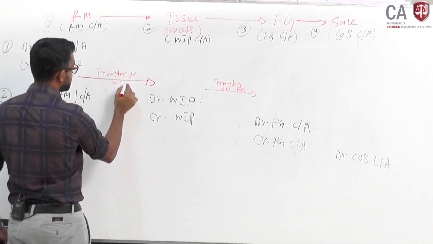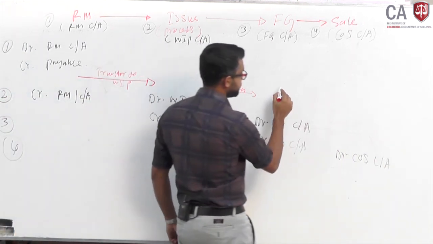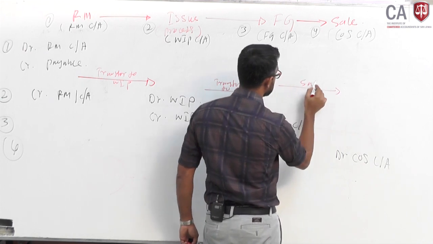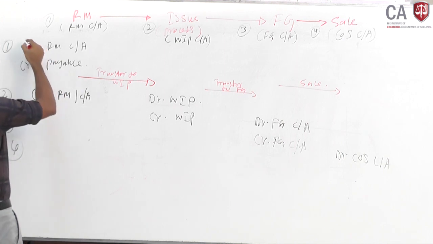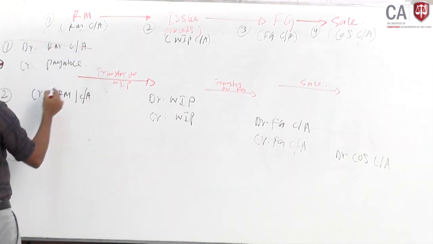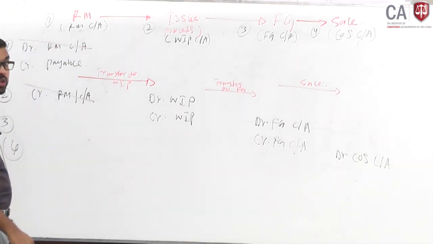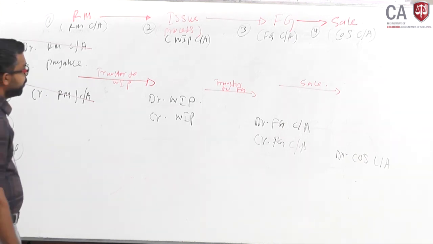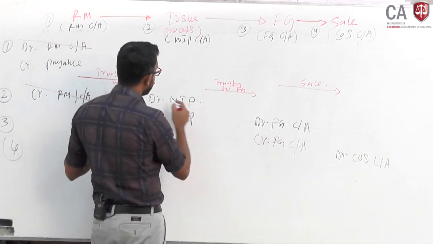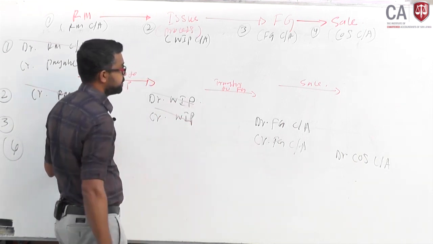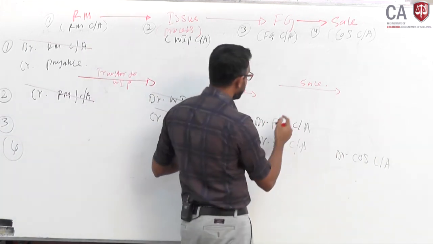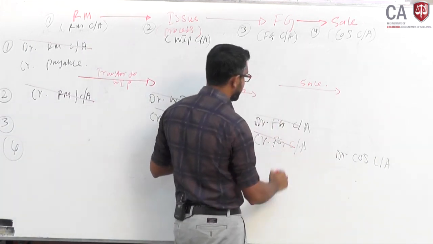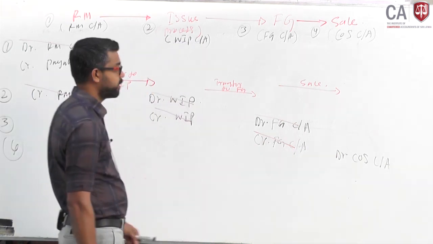Here sale. Right? Then look, this debit will be set off with credit when you issue totally. RM disappears. When WIP goes to FG, the debit and credit set off. When FG goes to sale, this credit entry cancels this debit entry. No opening or closing remains, that is a separate matter.